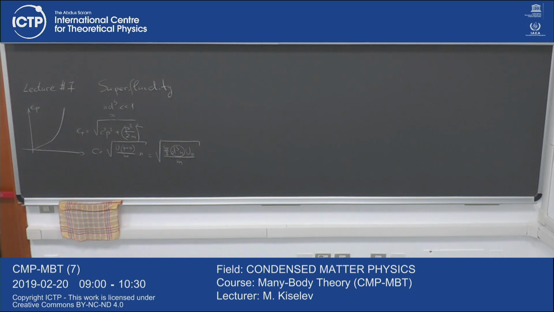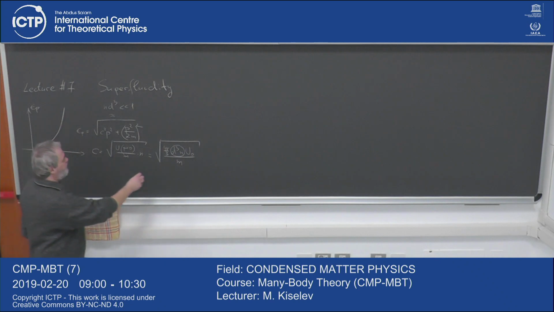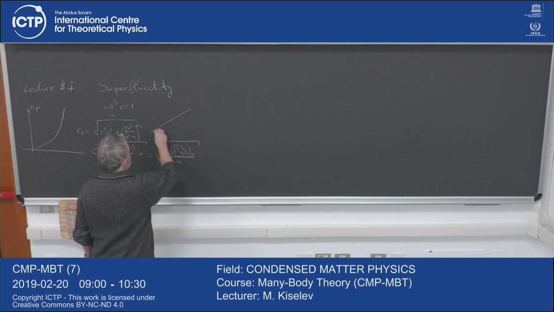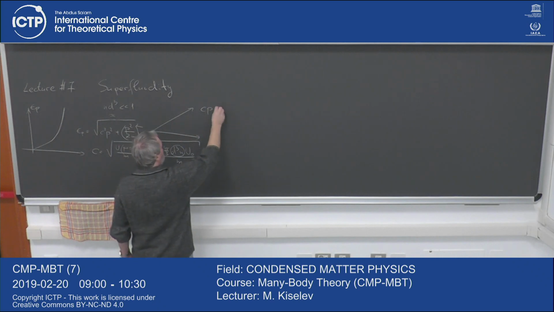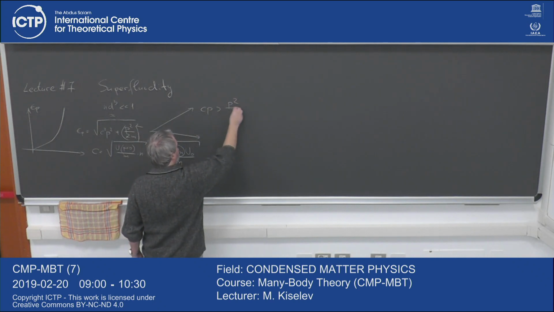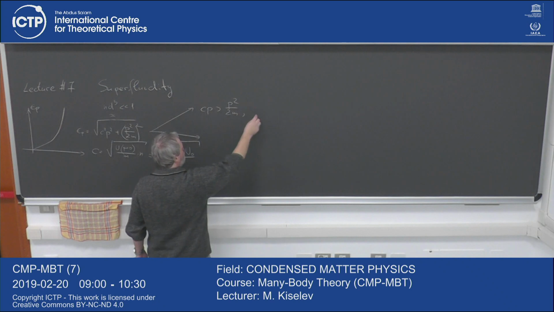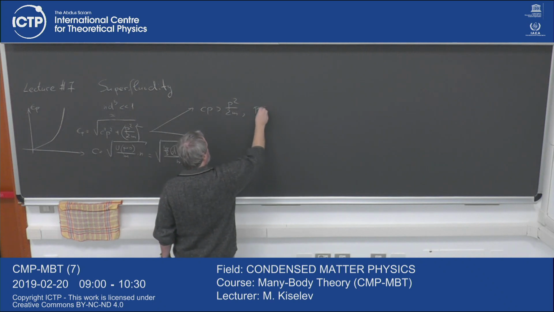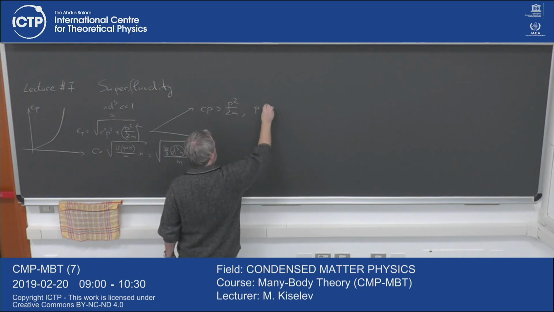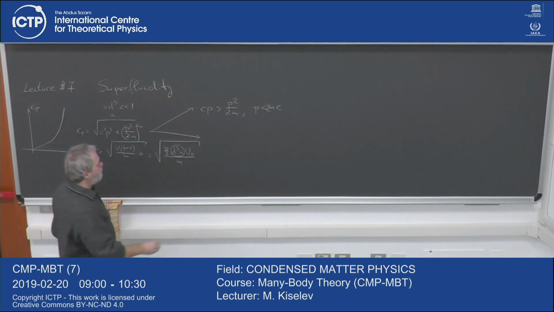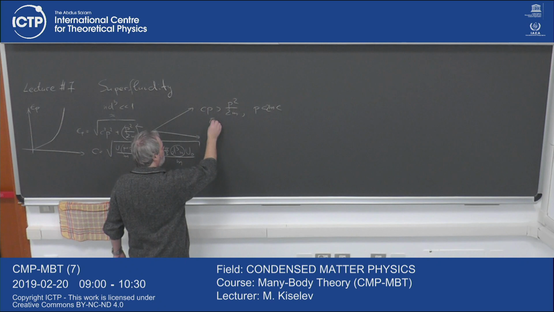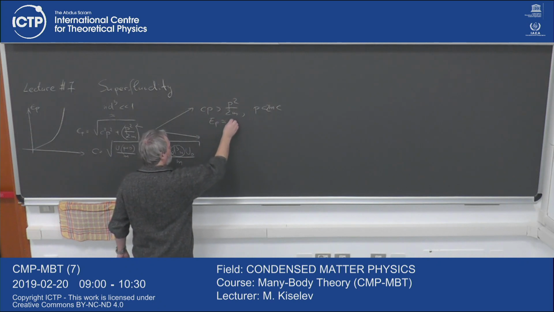So the sound velocity is proportional to the square root of the interaction and the square root of the density. With this expression, we immediately see that if cp is larger than p squared over 2m, which means that the momentum is smaller than 2mc, then the spectrum epsilon p is approximately cp.